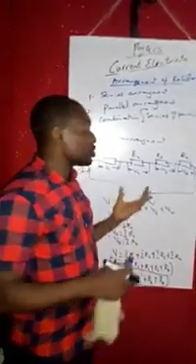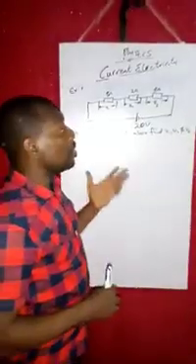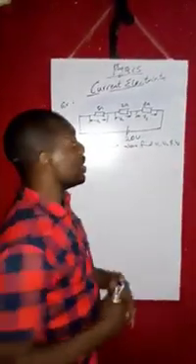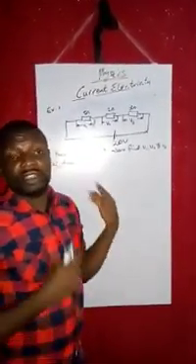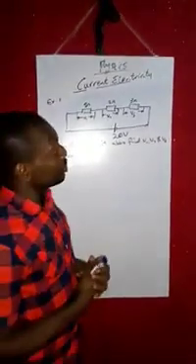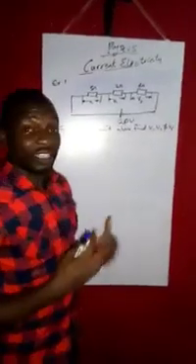Now let's see how to solve a simple question with this. Let's see how to solve a simple series connection. We have a very fine question on the board. Let's see how we can go about that.